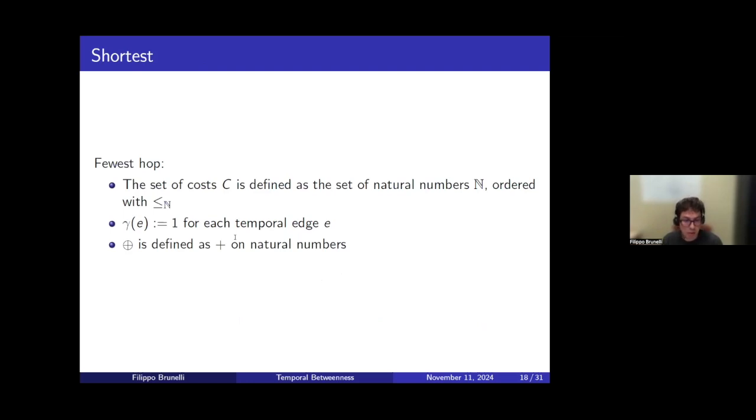I would say the most simple example is to model shortest temporal walks. In this case, C, the set of costs, is the natural numbers ordered in the usual way, the function gamma assigns cost 1 to each temporal edge, and ⊕ is simply the addition of natural numbers.